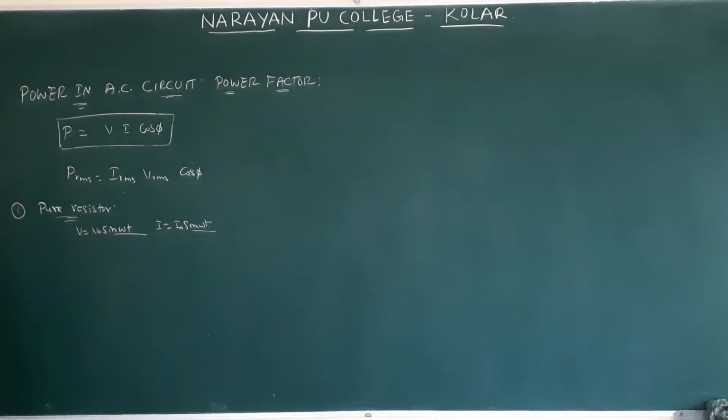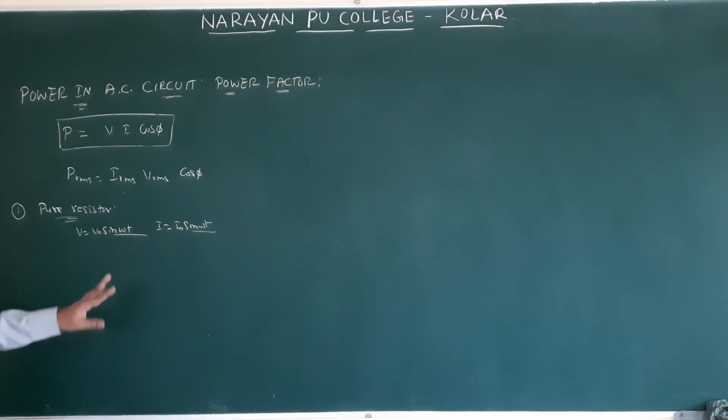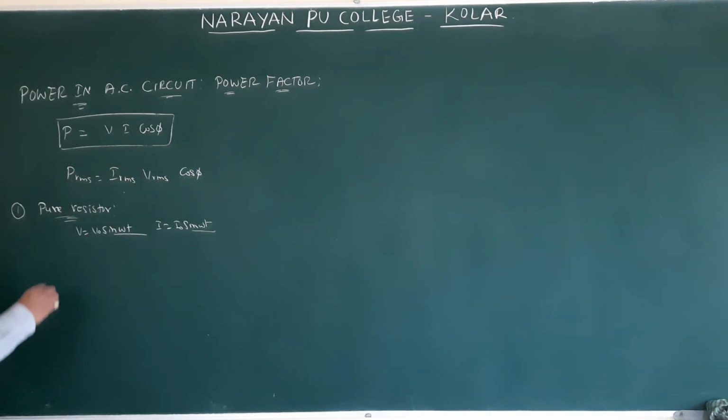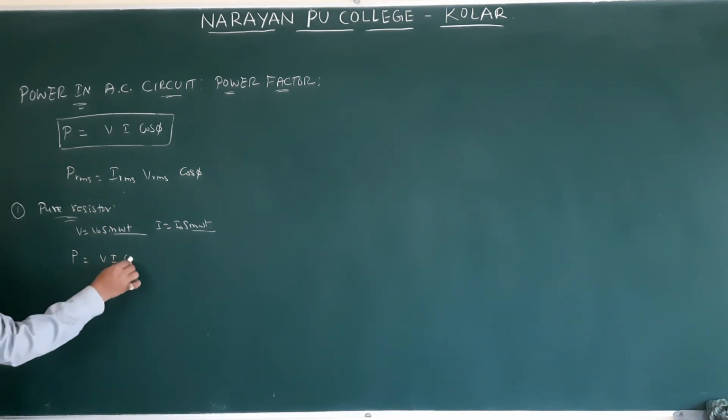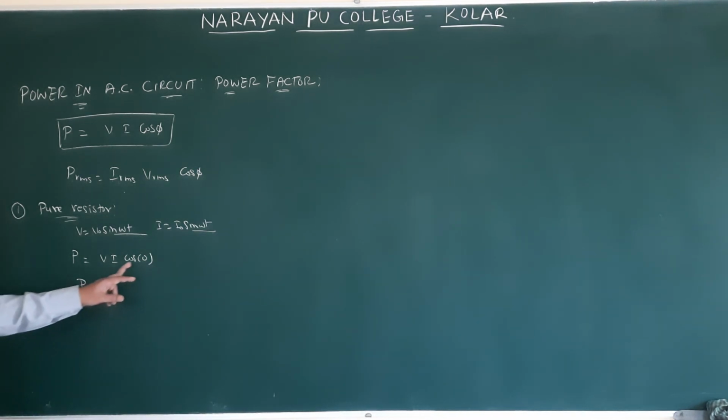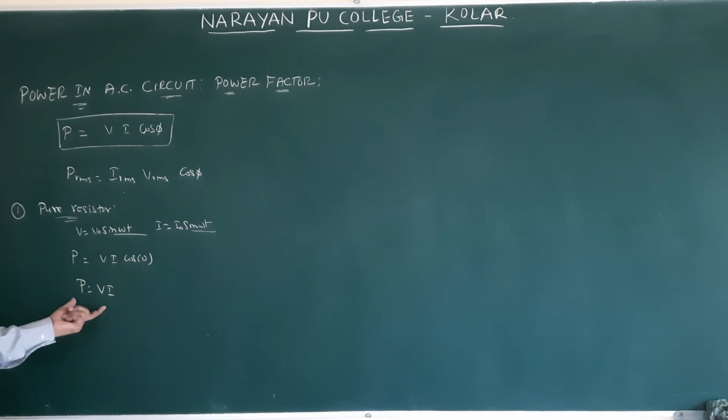There is no phase difference, so the phase difference is zero. Cos 0 value is 1. Then P is equal to V I cos 0, and since cos 0 is 1, this power becomes maximum.